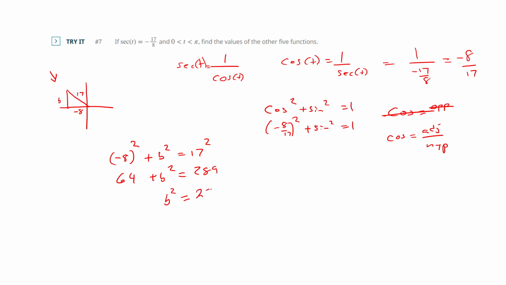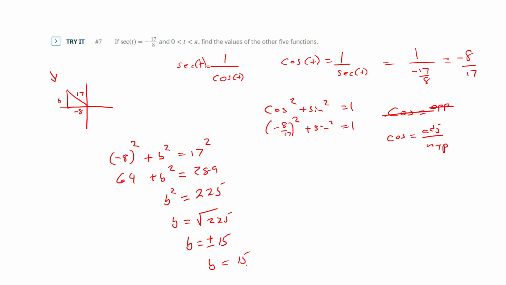I get b squared is 225. Square root this. I get b is the square root of 225, which is 15, isn't it? So this would be that b is plus or minus 15. Well, we're talking about y, and since we're in the second quadrant, that's positive. So b must be positive 15.